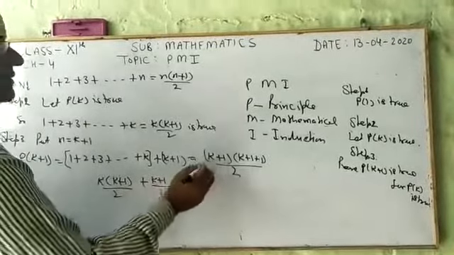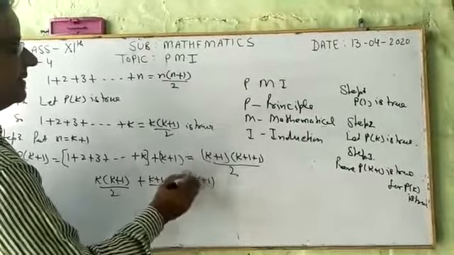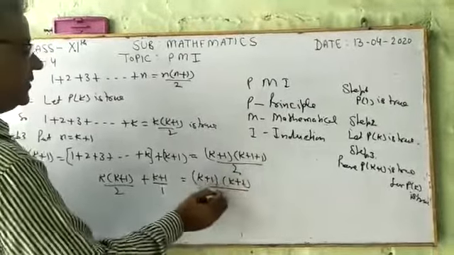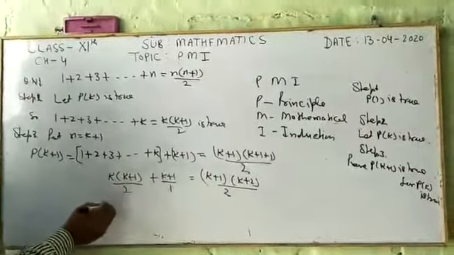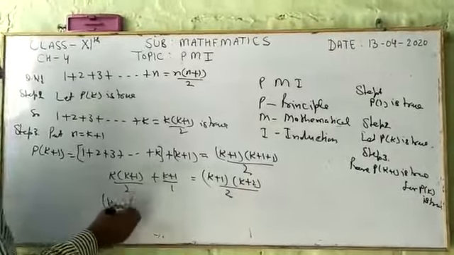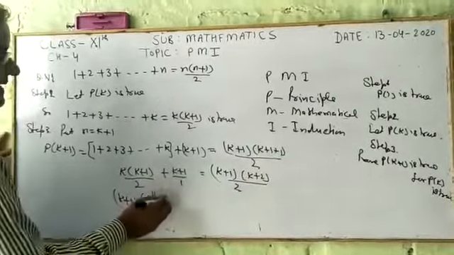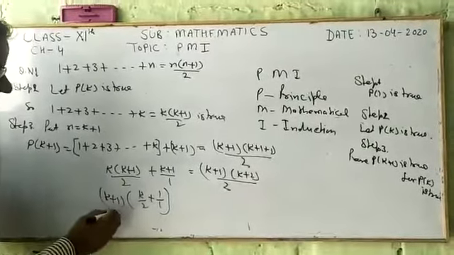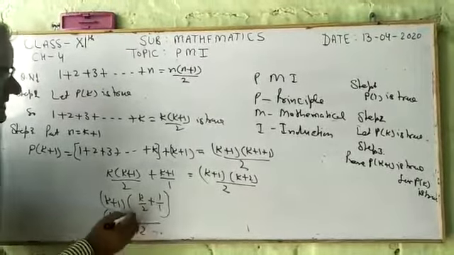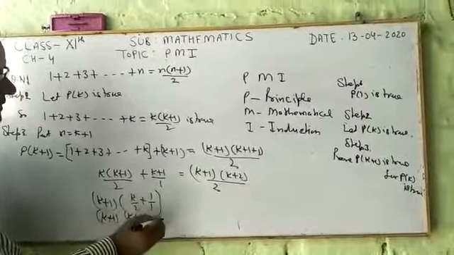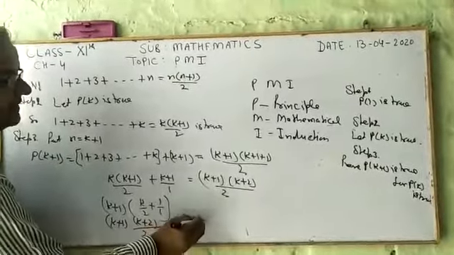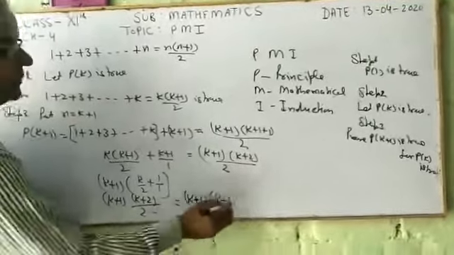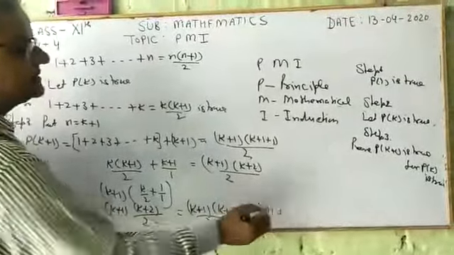Also write down k plus 1 into k upon 2 plus 1, that is k plus 1 into k plus 2 upon 2. Taking k plus 1 common, k upon 2 plus 1 upon 1. Taking the LCM, k plus 2 upon 2 equals the right hand side. k plus 1 into k plus 2 upon 2 equals the right hand side.